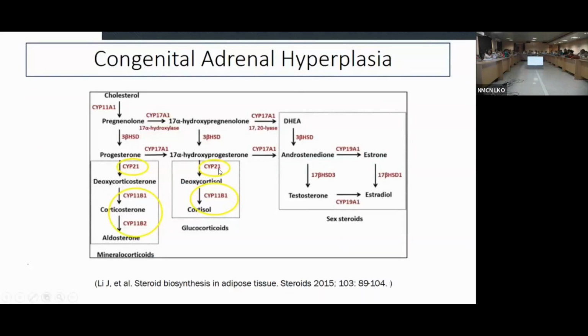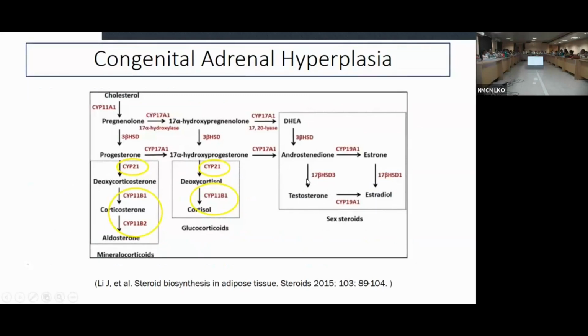So here, CYP21 is involved in these two pathways, okay? The conversion of progesterone to aldosterone and 17-alpha-hydroxyprogesterone to glucocorticoids. So now if you have a mutation here causing deficiency of this enzyme, this pathway gets blocked and all of the metabolites get shunted to this third pathway and it comes here.